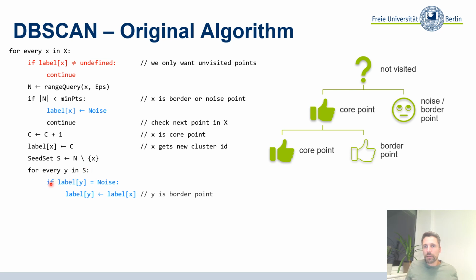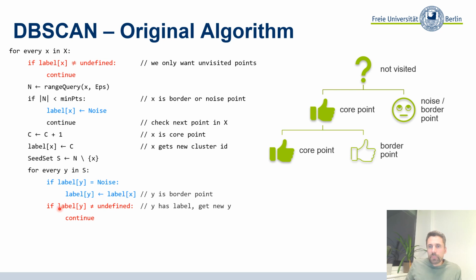And for every y, so all data points in the seed set, we ask if this label is noise. So if the node has been visited, which indicates it is a noise point or a border point, but since it's in the neighborhood of x, it cannot be a noise point, it's a border point. Yeah? So we assign the point y a label that corresponds to the same label as x, so it's part of the same cluster.